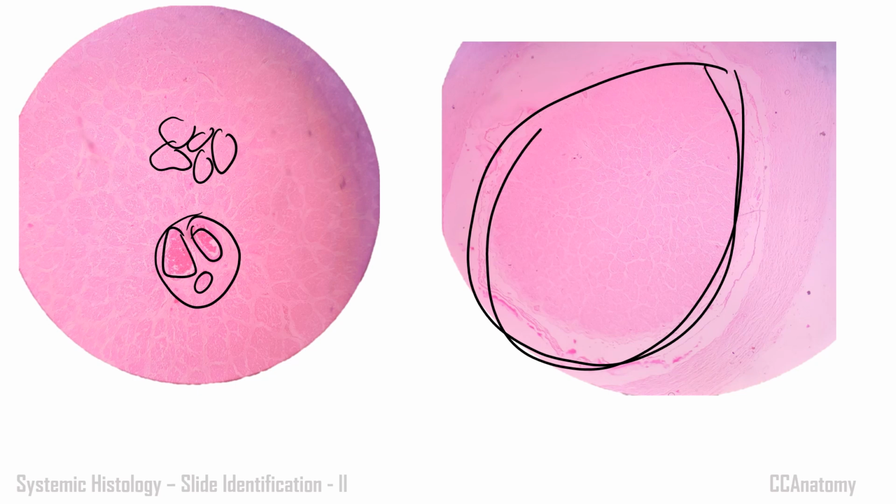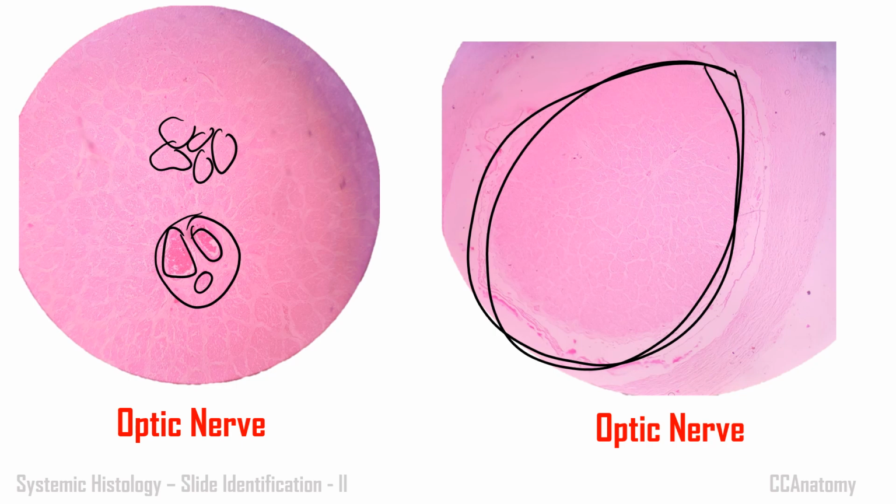So this is the cross section of the optic nerve, which is covered by a layer of meninges. The optic nerve is the only nerve which is covered by the meningeal covering and which contains the central retinal artery and vein in its center.